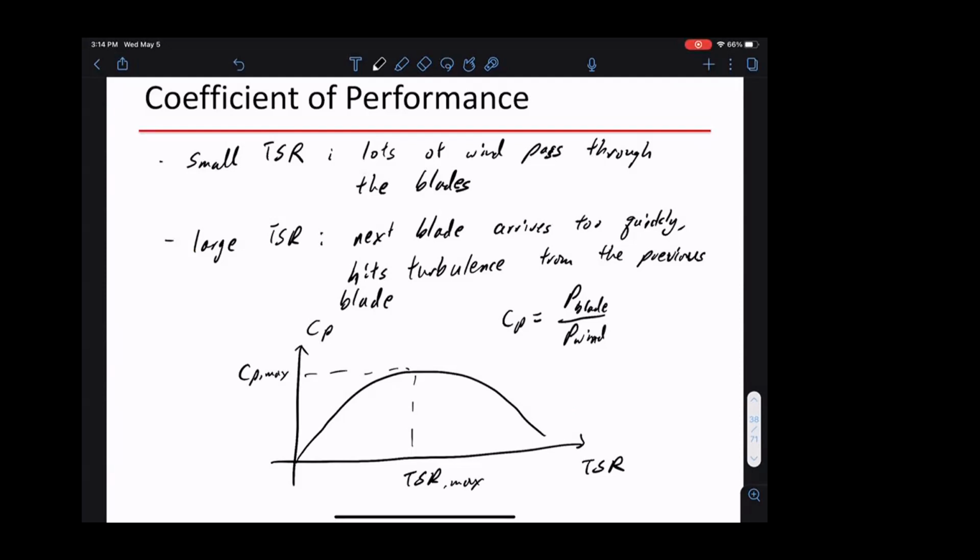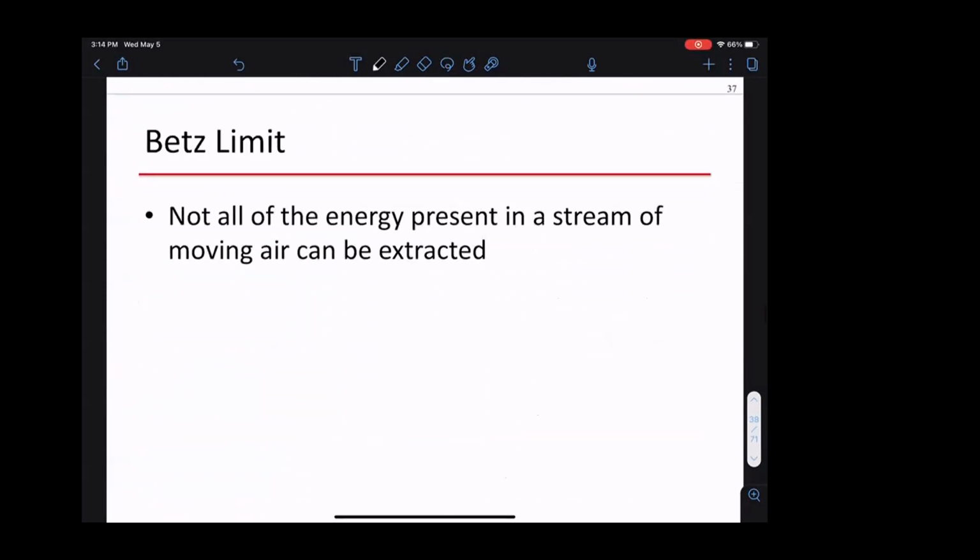Okay, so this is right. There is some maximum you can extract from this. Turns out the maximum is not 100%. You cannot extract 100% of the power. We're far away from 100%. There is a theoretical limit that's quite strong.